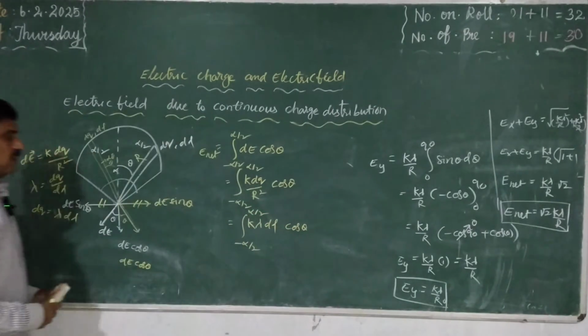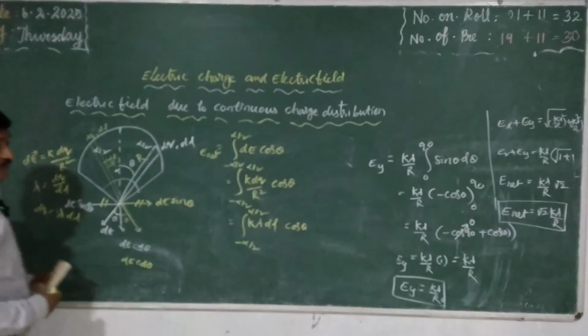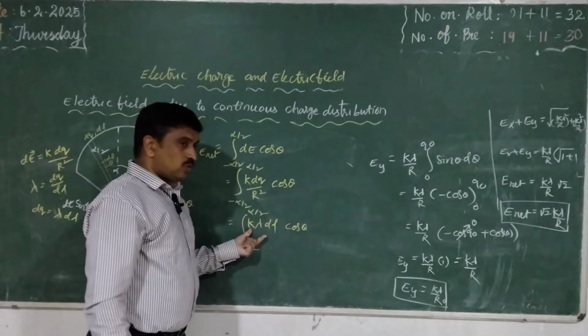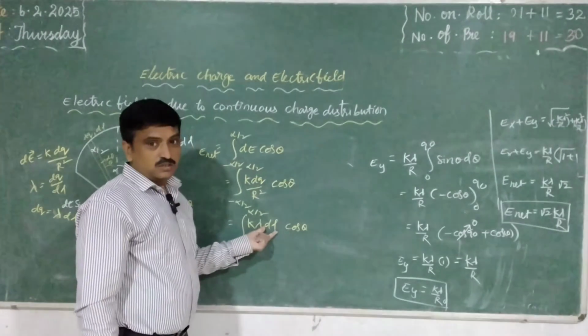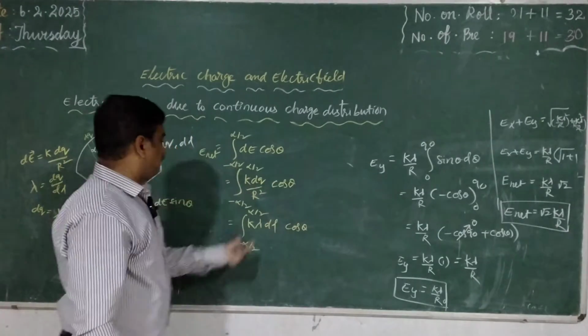Now we want dl. K is constant, lambda is constant, but dl changes, so theta varies. That's why we write it in terms of theta.